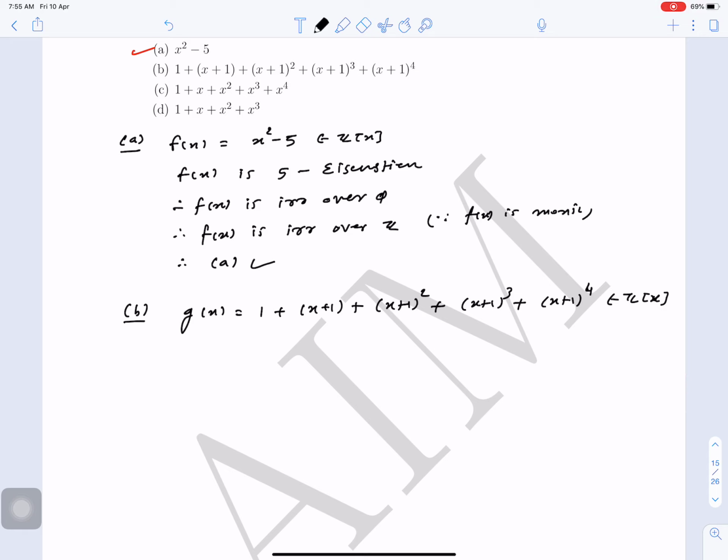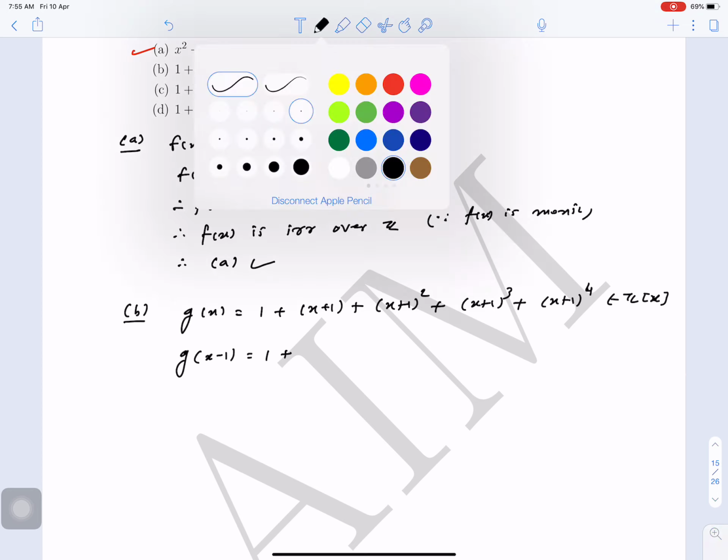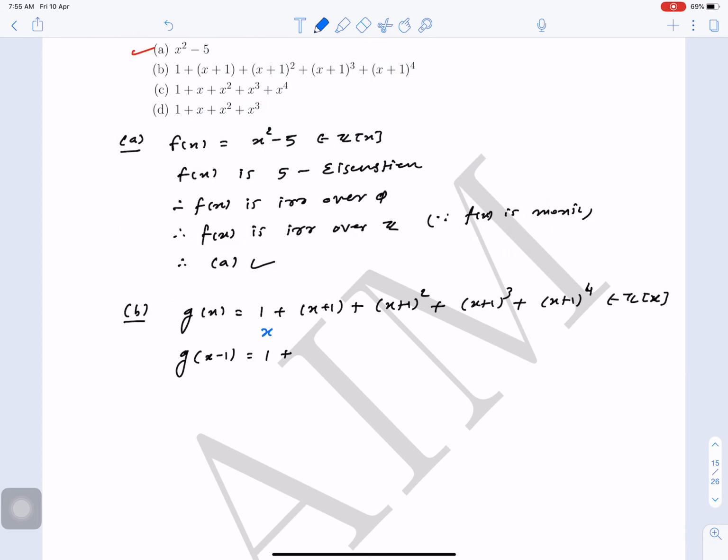Now you consider g of x minus 1. You just replace x by x minus 1. See what you are doing here. So x plus 1 becomes x.